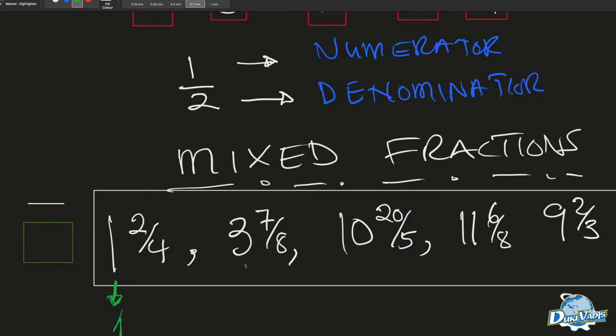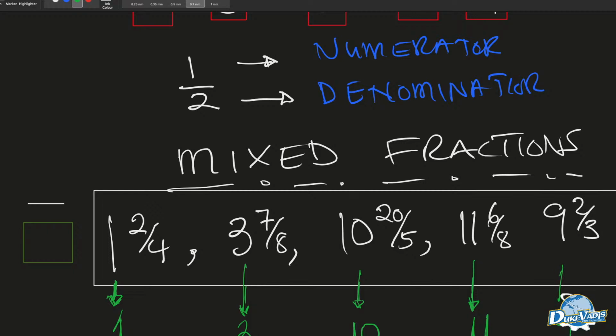And over here, we have a number which is 3. And number 10 over here. Then we have a number here that comes before the fraction. This is number 11. And this is number 9.